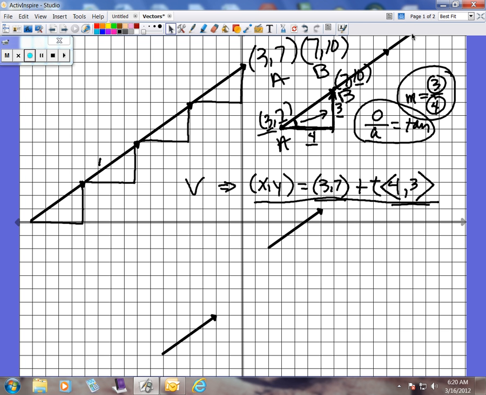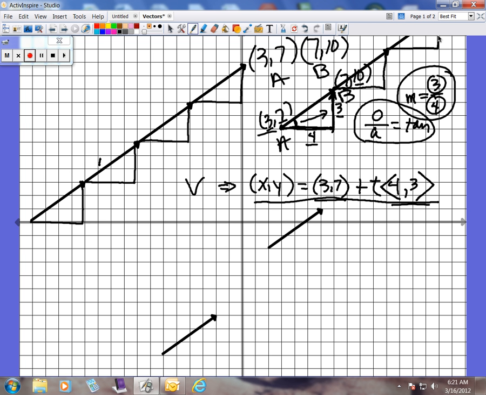There you would be able to see it, even though it's a little messy here. Right 4, up 3. You see that one, and of course the next one is above it, but it would also be right 4, up 3.